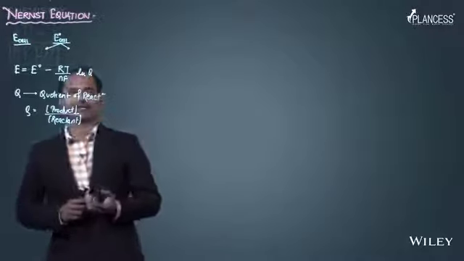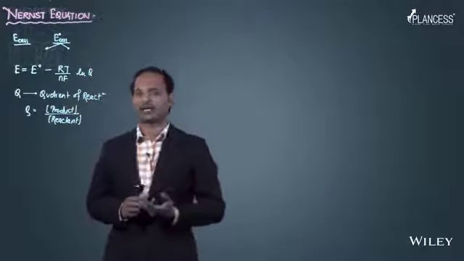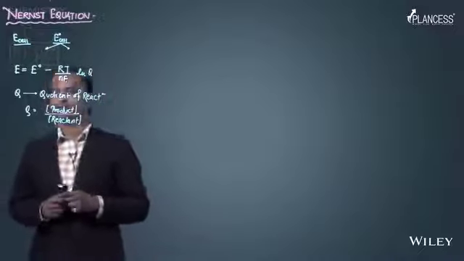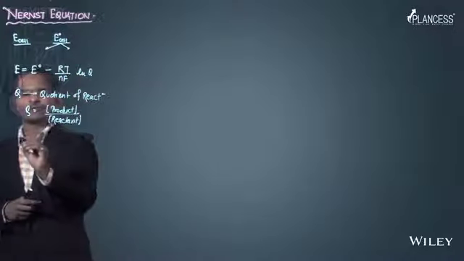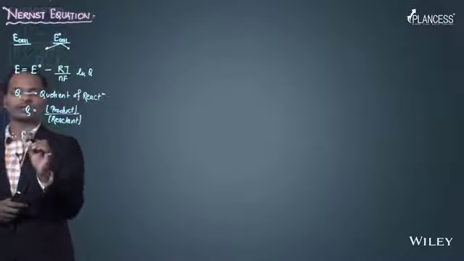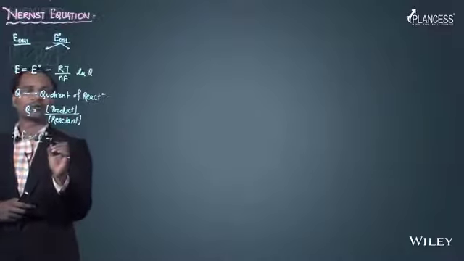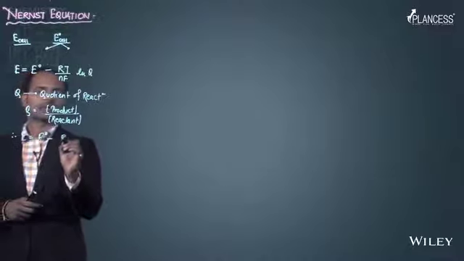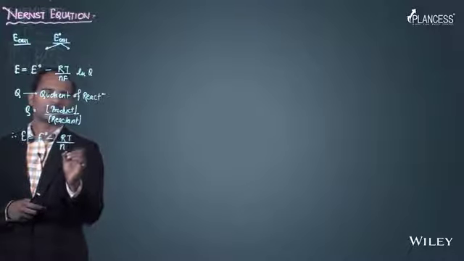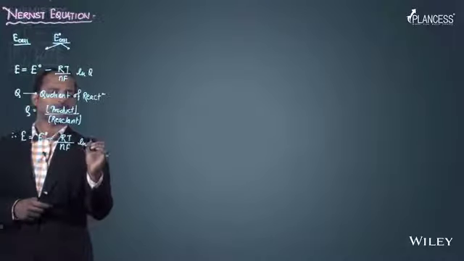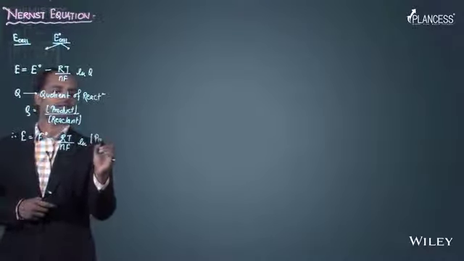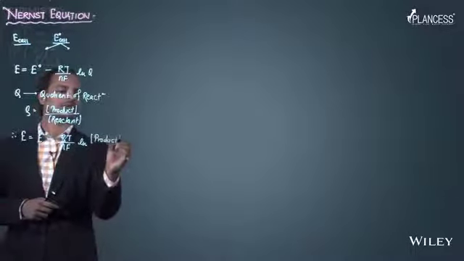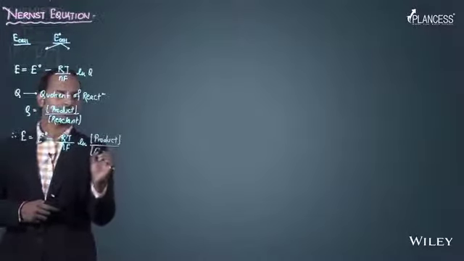And if there is a gas, then we consider the pressure of that gas in a reactant or product. Then finally we have the formula E is equal to E naught minus RT upon NF ln, and instead of Q I can write product concentration upon reactant concentration.